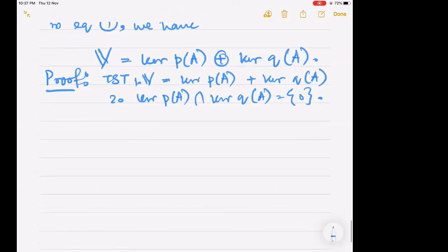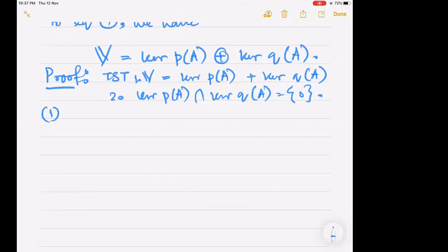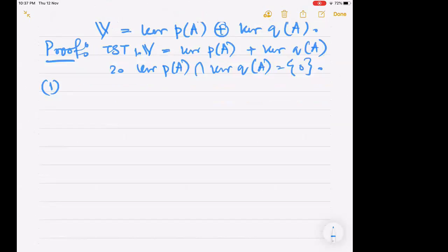Okay, so let us see how we show number one: that every vector in V can be written as a linear combination of vectors in kernel PA and vectors in kernel QA. Now remember P and Q are coprime, so the GCD of P and Q is equal to 1.